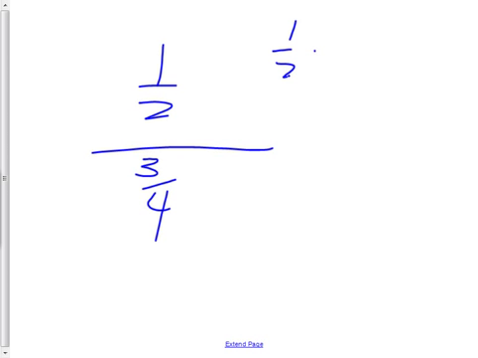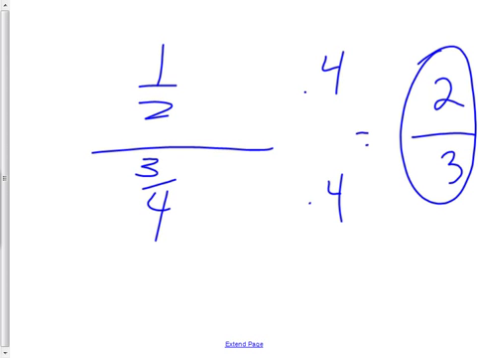Either 1/2 times 4/3, or you can multiply both of them by something. What could you multiply the top and bottom by that would fix my problem? Multiply by 4 on the top and 4 on the bottom. That way I'd have 1/2 of 4 would be 2, and 3/4 of 4 would be 3. Either way it works. Another one of those little basic algebra skills. You've got to be able to handle a fraction and a fraction.